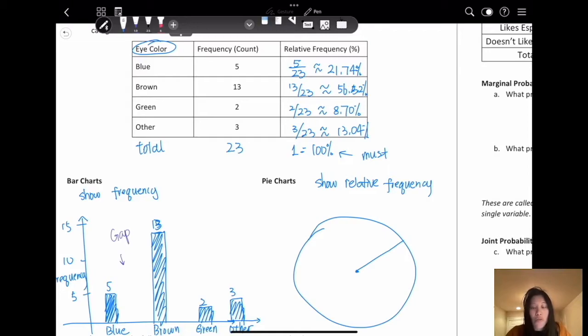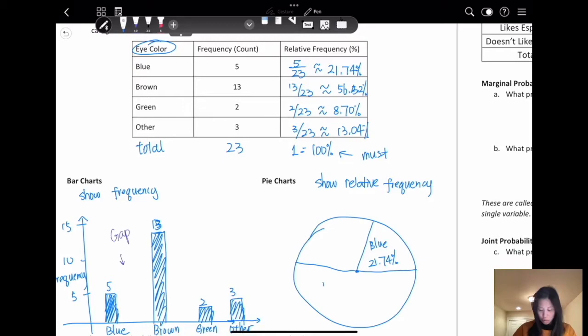Remember, 1/4 of a circle is 25%, right? So you want to do slightly less than 1/4. So this is the blue eyes, 21.74%. And then we also have brown eyes. Brown eyes is 56.52%. Half of the circle is 50%, so we want it to be slightly more than half.